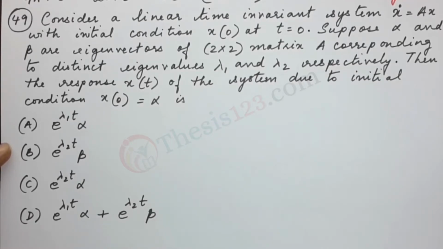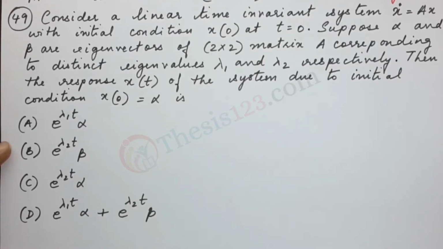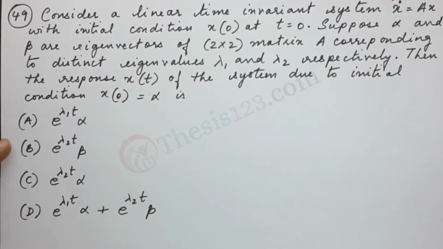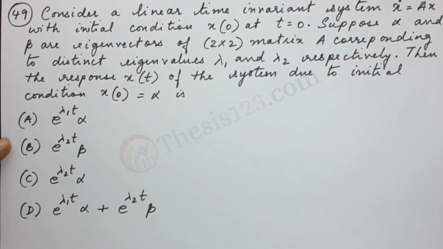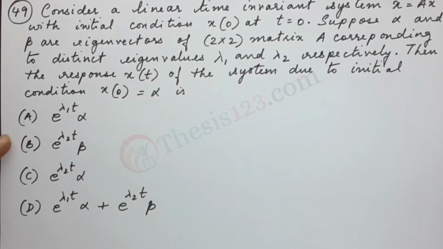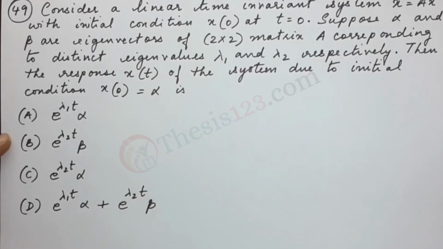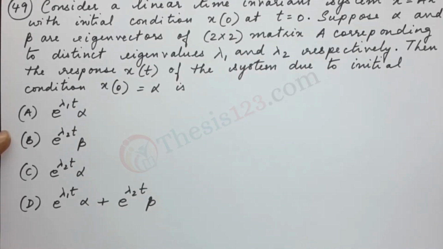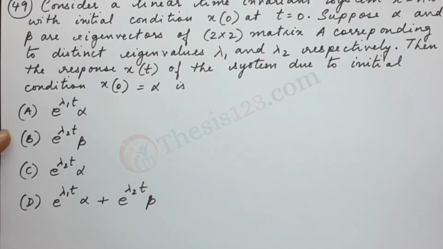Then the response x of t of the system due to initial condition x of 0 equal to alpha is... Okay, so we have our 4 options A, B, C, D. Now since the options are in terms of e power lambda t, that should give us a clue of how we have to form our 2 by 2 matrix.